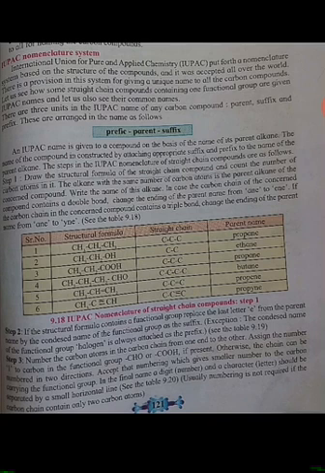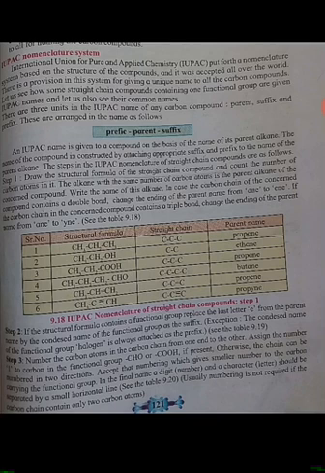In this table, listen carefully, students. In the fifth example, a double bond is formed, so the parent name will be changed from ANE to ENE. And in the sixth example, a triple bond is present, so the parent name is changed from ANE to YNE.